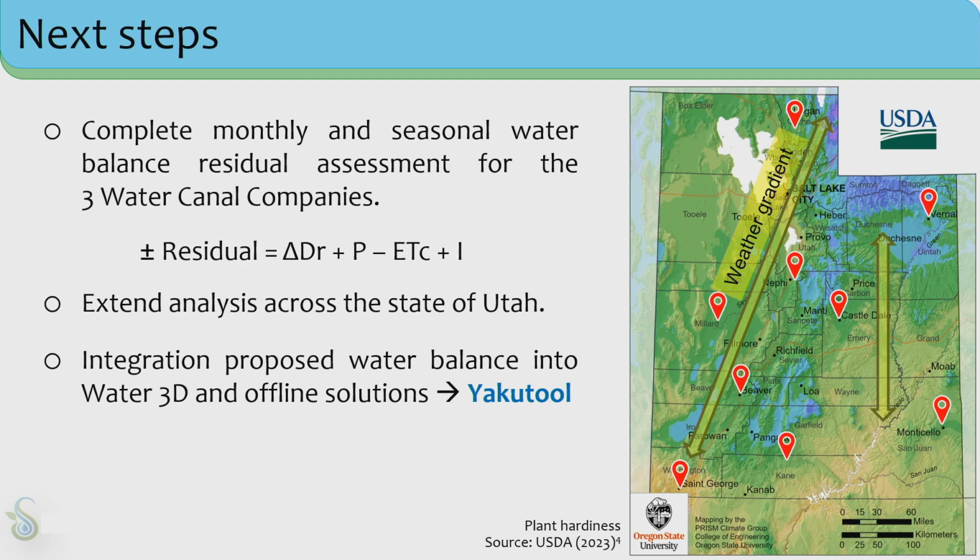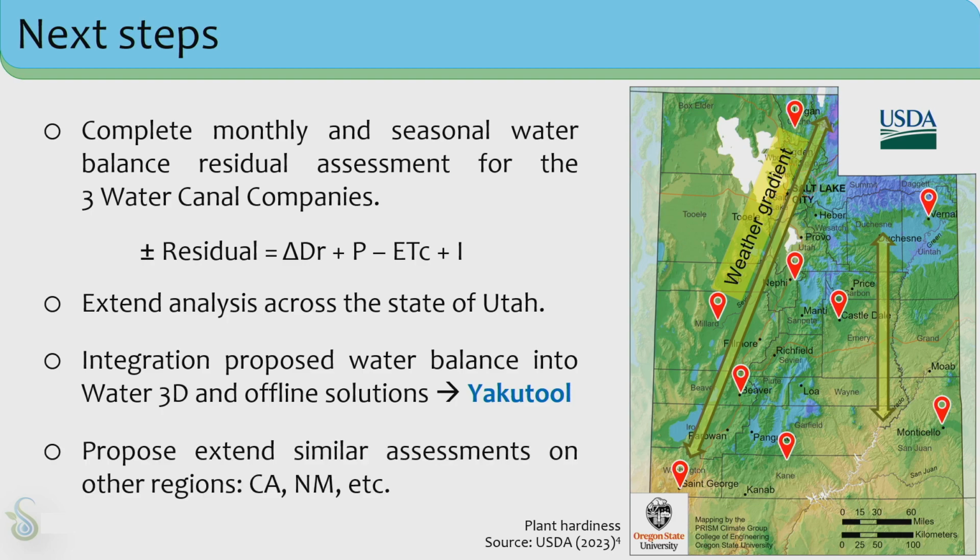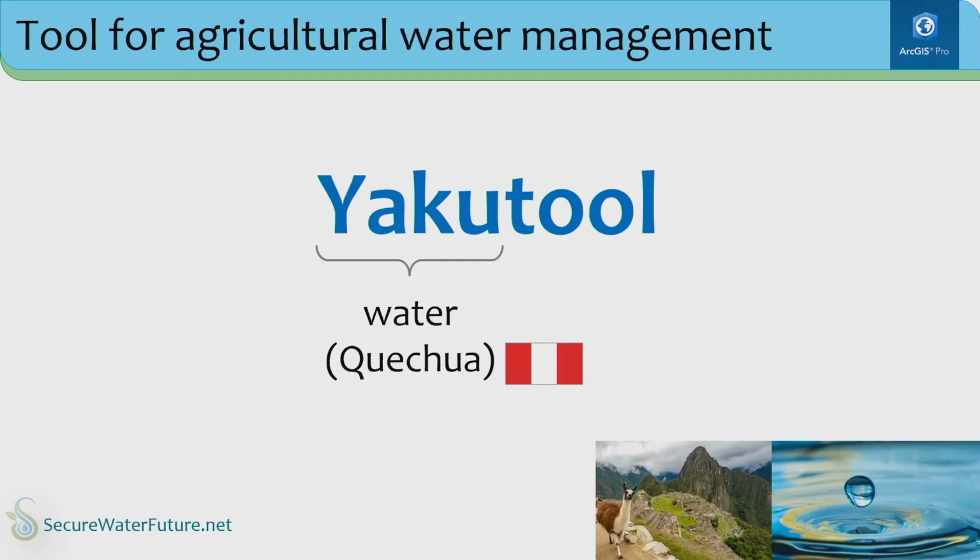So producers and canal companies could use this software to run their own internal calculations and assess for themselves these water conservation opportunities. And if time allows, we'd like to extend this sort of assessment to other regions like California and New Mexico.